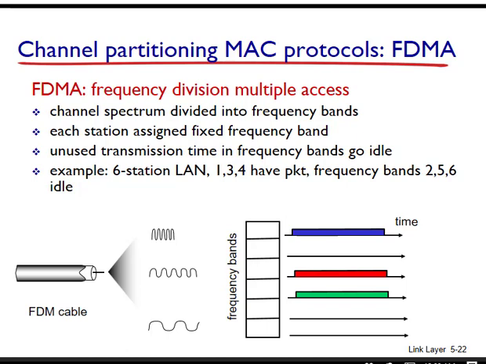Frequency division multiplexing therefore creates N smaller channels of R divided by N bits per second out of the single larger full bit rate channel.